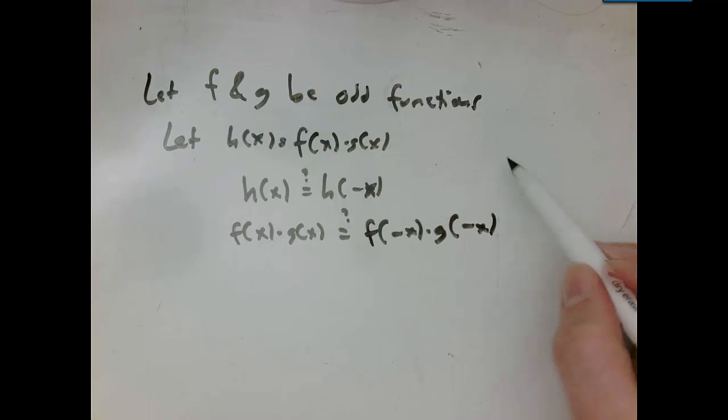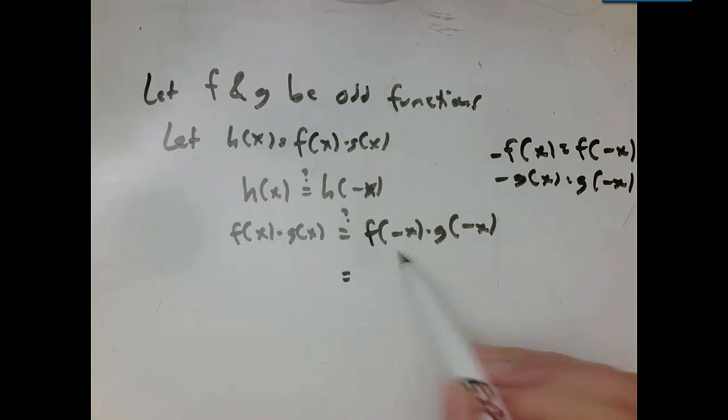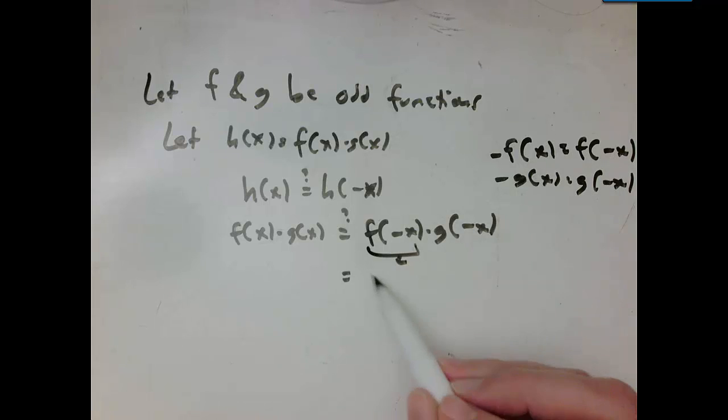Except now f and g are odd functions. So what that means is that this is true: f of opposite x equals opposite f of x. Same thing for g. That's what defines odd functions. Okay, so now I know f of the opposite of x can be rewritten this way. So here, this just becomes negative f of x.